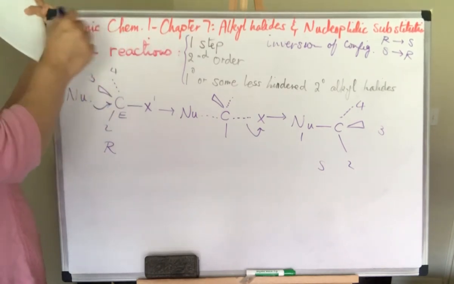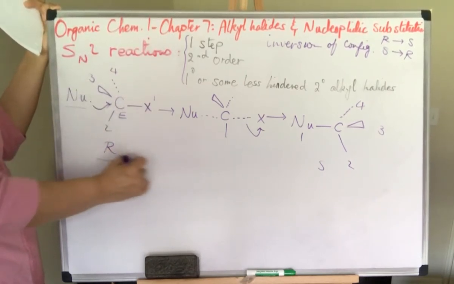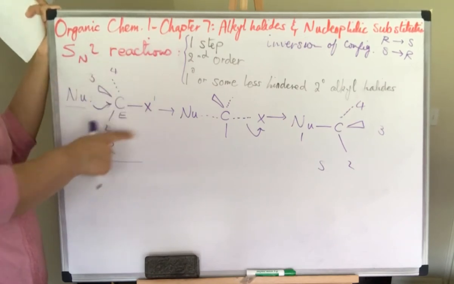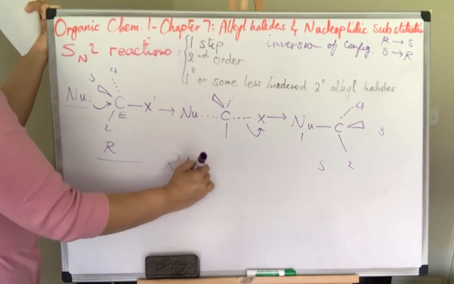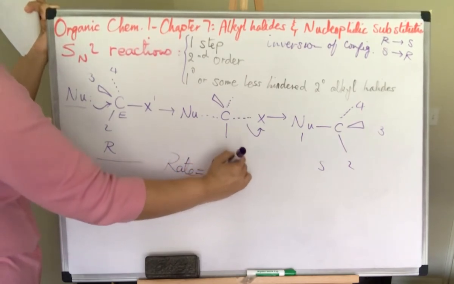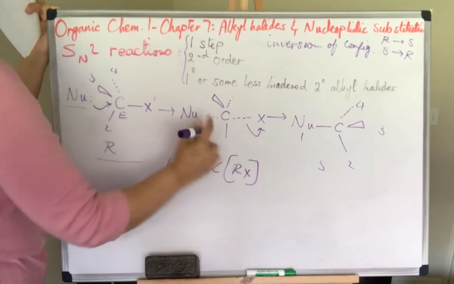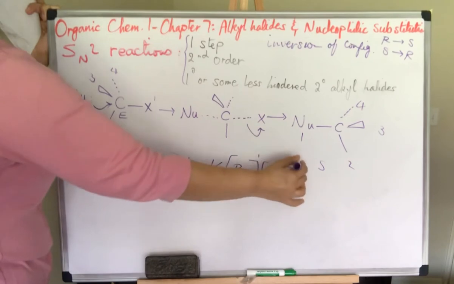Because there is only one step, and in this one step both the nucleophile and the alkyl halide are present, the rate of the reaction depends on the concentration of both the alkyl halide, which I show as RX, and the nucleophile, first order and first order.